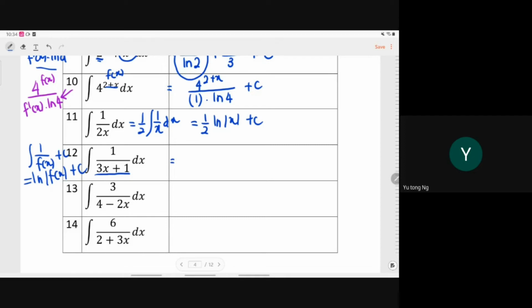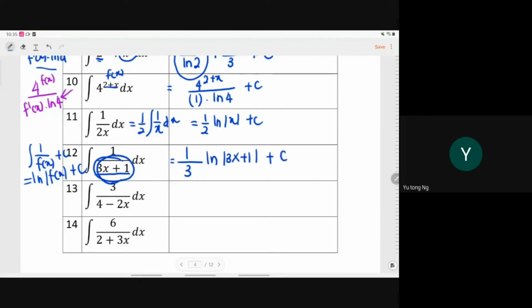Differentiating this one, which is 3x plus 1, dia akan jadi 3 lah. So 1 over 3 ln 3x plus 1 plus c.